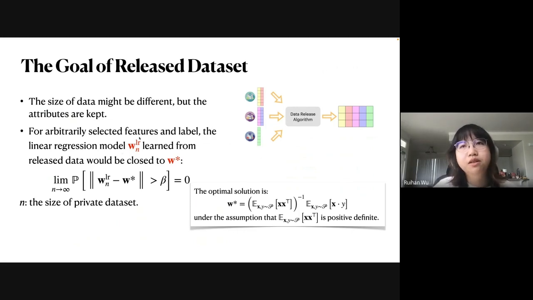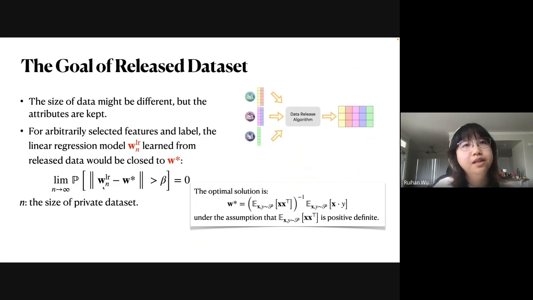because we already know the closed form of the optimal solution, we hope that the linear regression model learned from released data would be close to this optimal solution when the size of private data sets is large enough. And we define the closeness in this asymptotic convergence format.